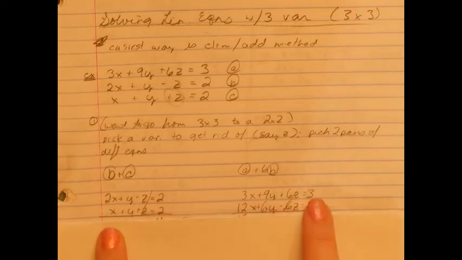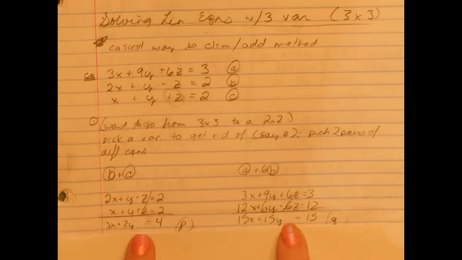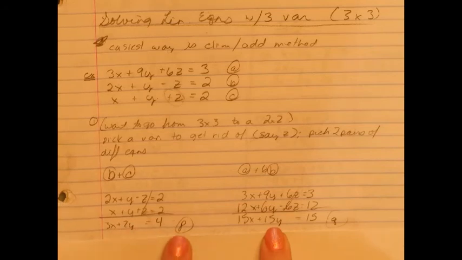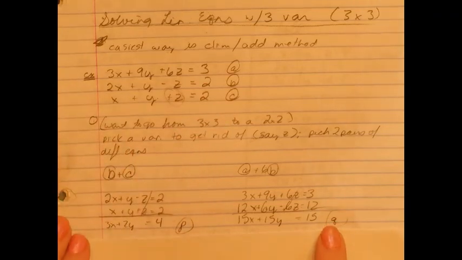This is my equation A, but then I multiplied 6 times equation B. This will help me get rid of the z over here, and the z's will automatically disappear on this side on B plus C. I now have a new equation in 2 variables I'm going to call P. And again, I have this new equation in 2 variables, and notice they're the same variables, and I'm going to call this guy equation Q. I'm trying to keep it in the middle of the alphabet because I chose A, B, and C there, and I want to make a clear distinction between this and the original equations, which are A, B, C. That's the only reason why.